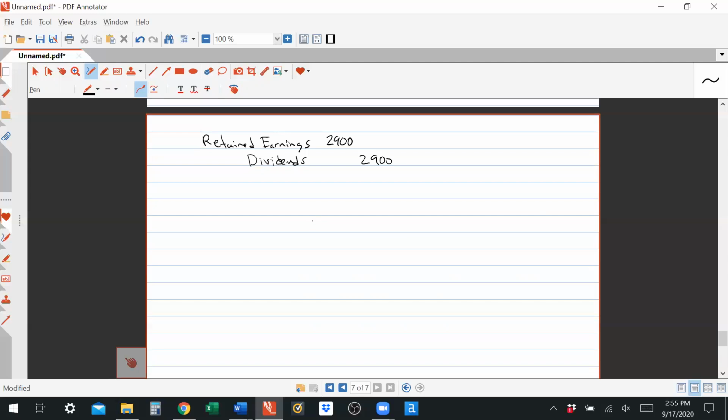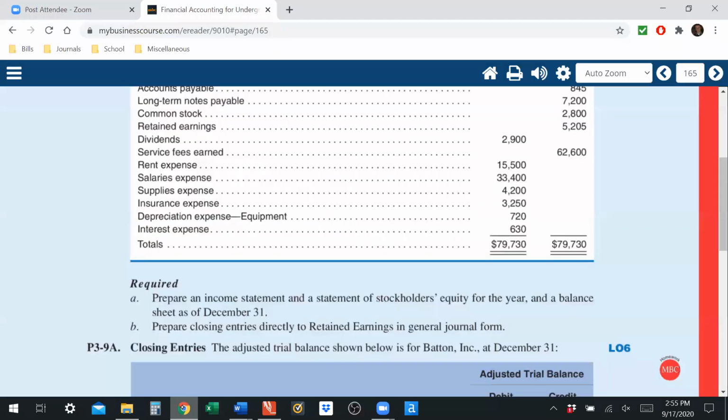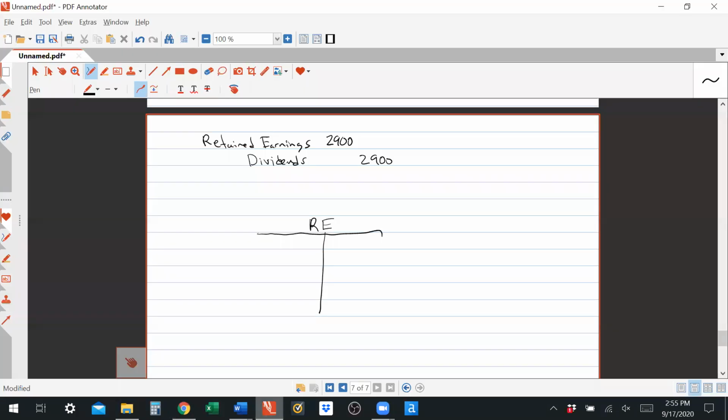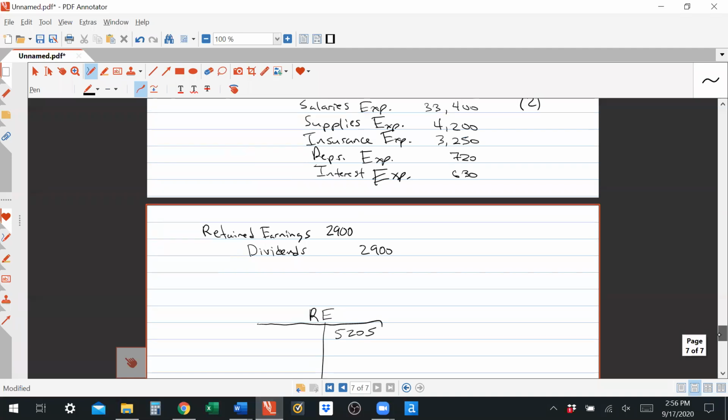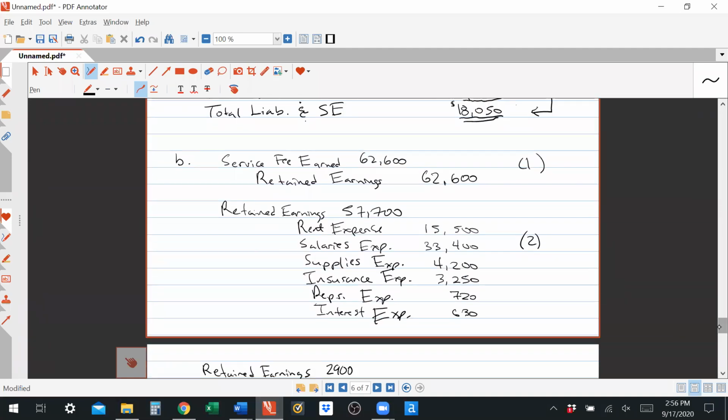And so to summarize, if we look at the retained earnings account, its balance at the end of the year before any adjustments is listed on the trial balance. It's 5,205 right here. That's its balance before any of these adjustments. Then what did we do? The first adjustment was to close out the revenue account.